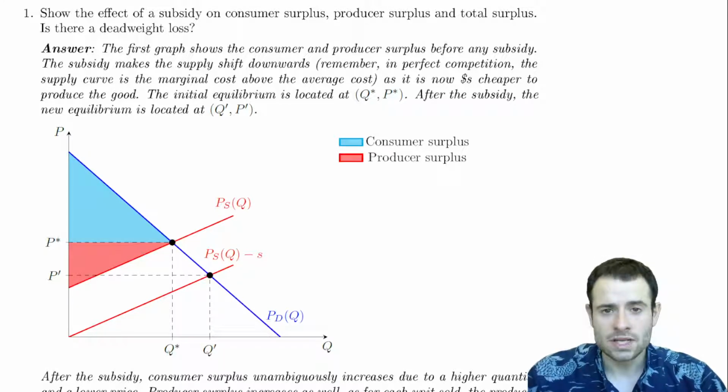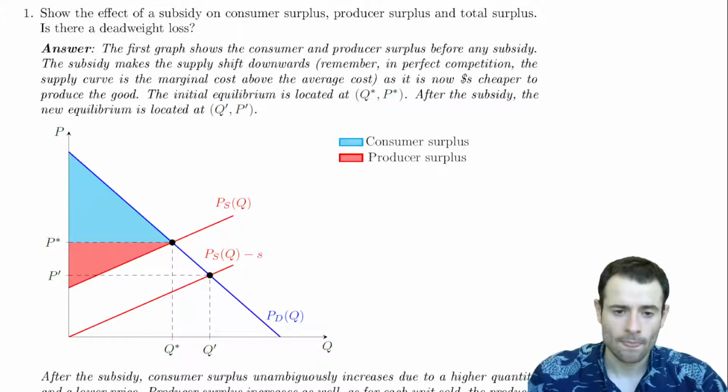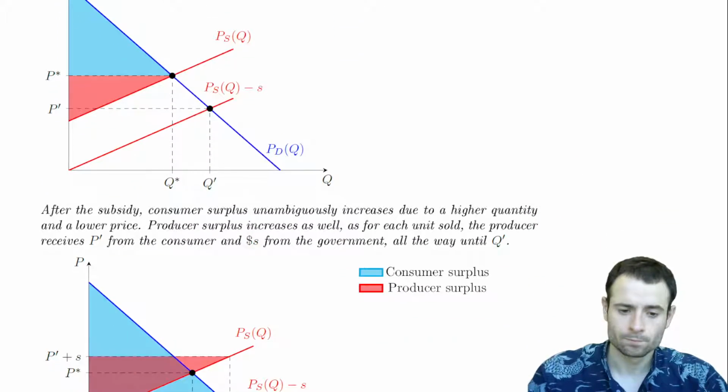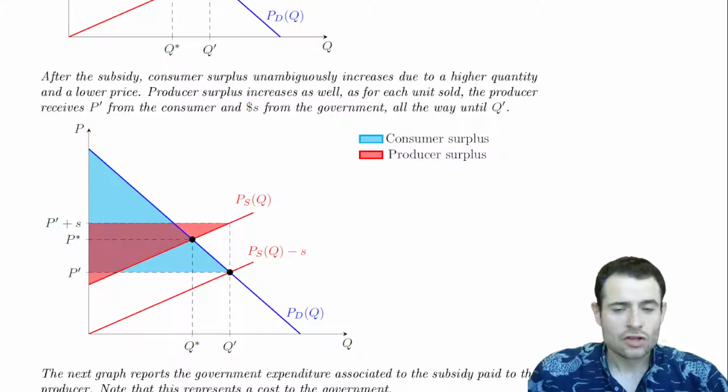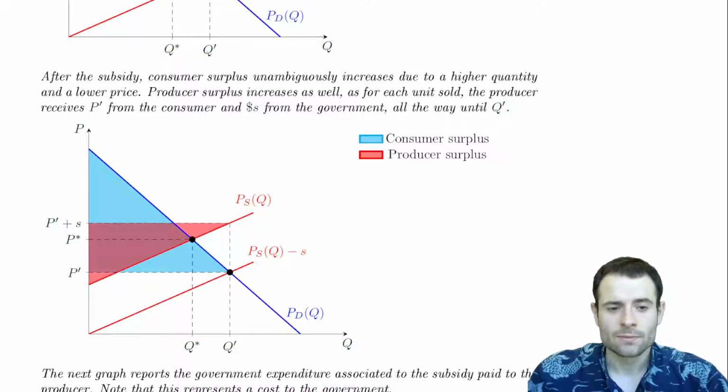Here, the subsidy will represent a negative surplus because it is an expenditure for the government, not a revenue. So mixing both surpluses together, we get this bigger blue area for the consumer.